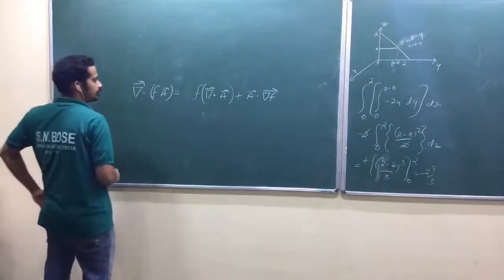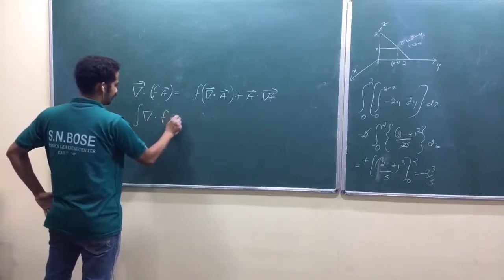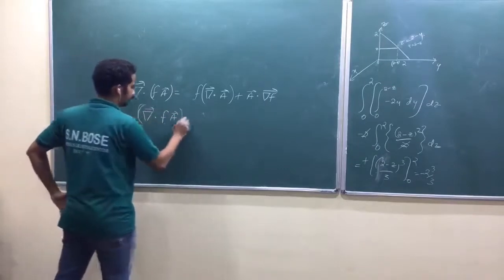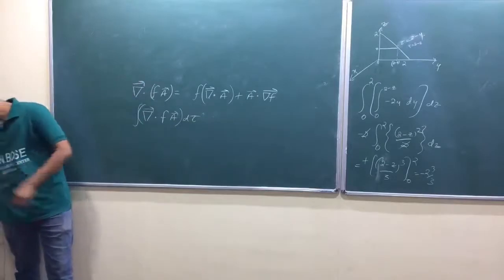Now, if I do this volume integral of f A vector d tau, then what I can do, any idea?